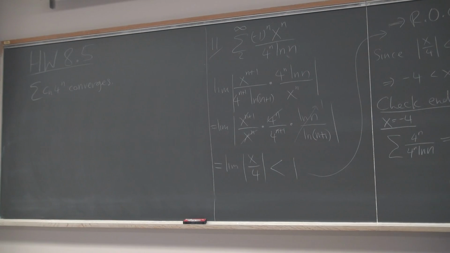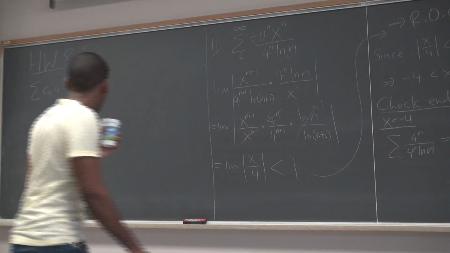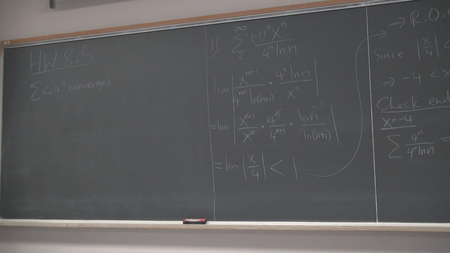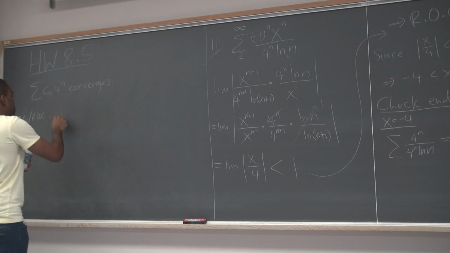It's convergent. Does it follow that this is convergent? Let's see the IOC and the ROC. See if anything happens with the Cn.